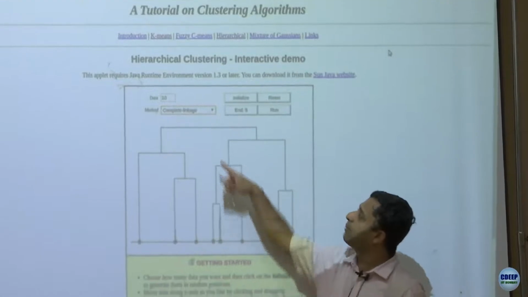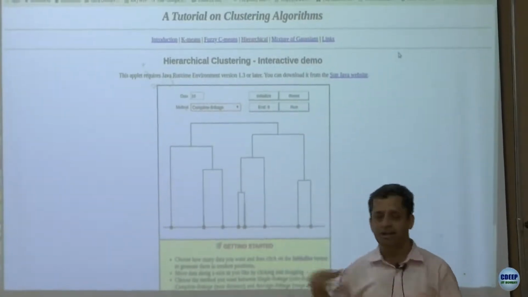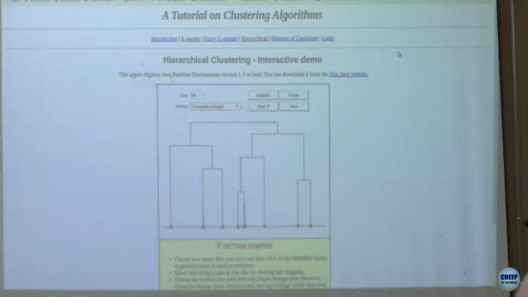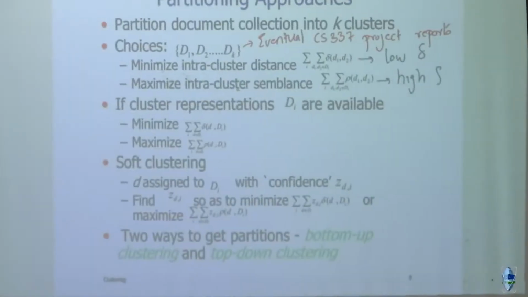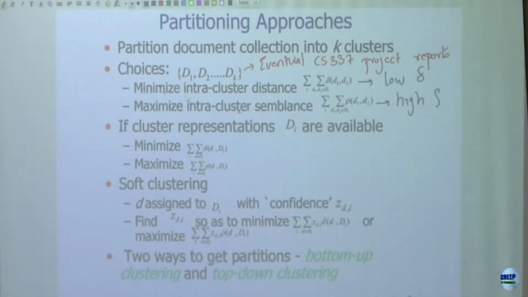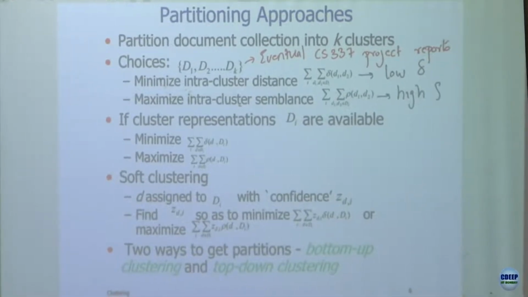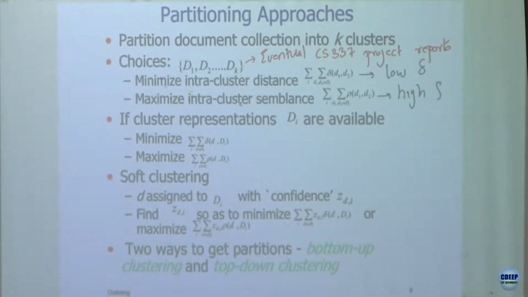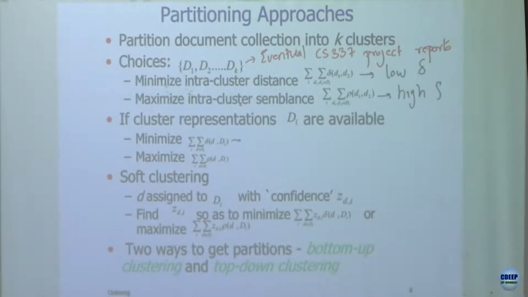When you do complete linkage, it says every example should be close or far away, or the max should be as small as possible. But typically what you want to do is develop a representative for the cluster and not look at every point in the cluster, because that becomes too expensive. So if your cluster representations are available, you may also want to minimize the delta with respect to the representative, that is, minimize the distance from the cluster representative. This is what it is doing.